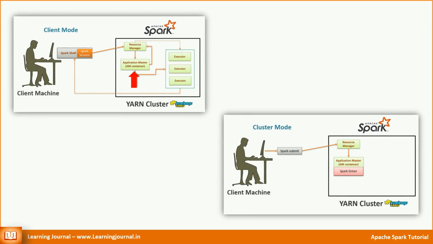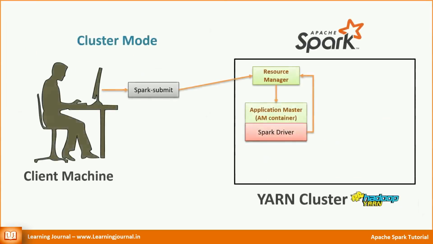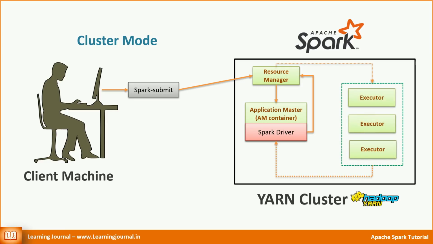In the client mode, the Yarn AM acts as an executor launcher, and the driver resides on your local machine. But in the cluster mode, the Yarn AM starts the driver, and you don't have any dependency on your local computer. Once started, the driver will reach out to the Resource Manager with a request for more containers. The rest of the process is the same. The Resource Manager will allocate new containers, and the driver starts an executor in each container.